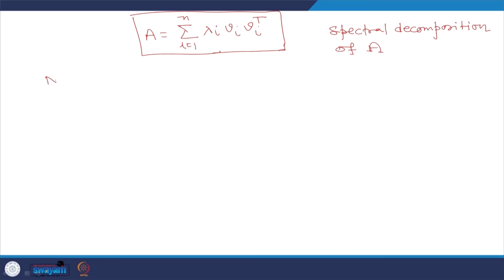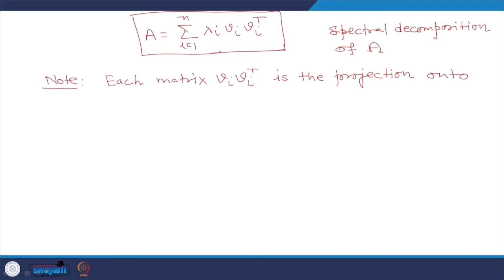Now, a special note or remark: each matrix Vi Vi transpose, for all i equals 1 to n, is the projection onto the one dimensional subspace of Rn spanned by which one?